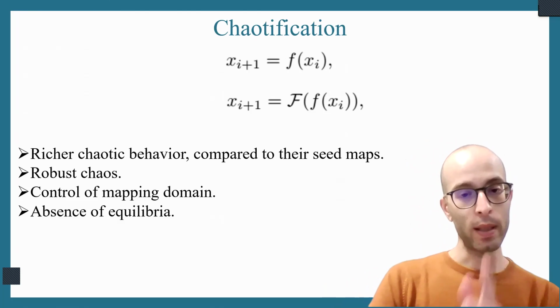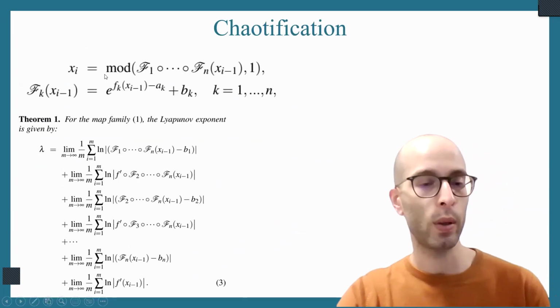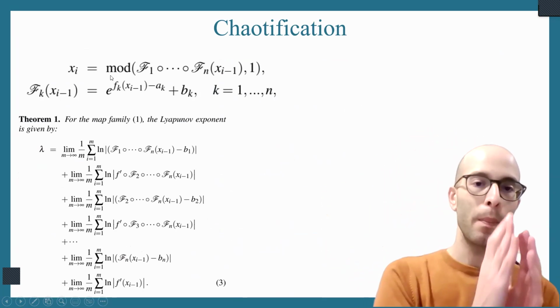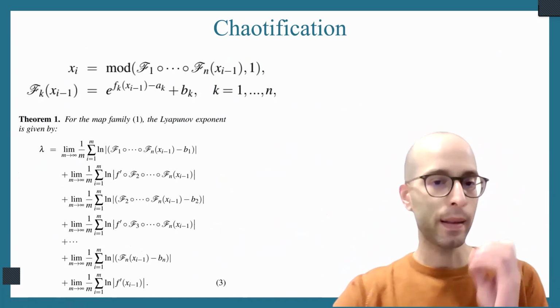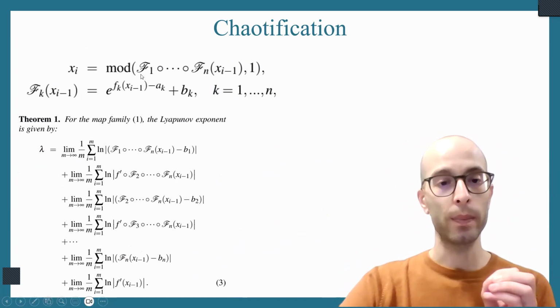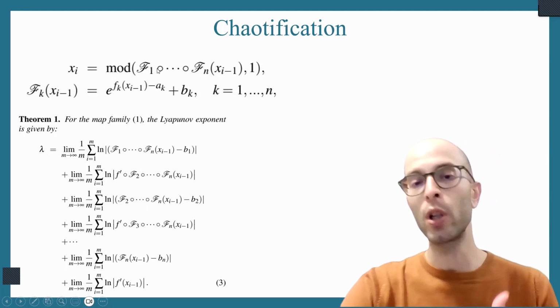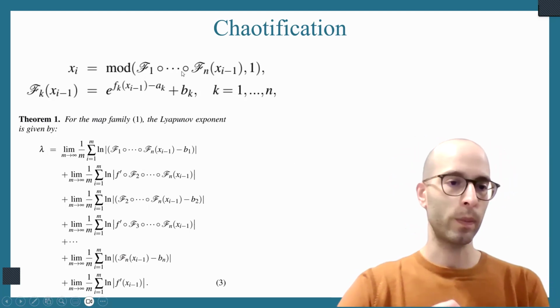What we did here, we designed the chaotification technique with a very, very interesting structure. Outside it has a modulo function. The modulo basically bounds the mapping domain between 0 and 1. And inside, that's why we call it multi-composition, because we have the composition of multiple different functions. All of these functions have the same structure.